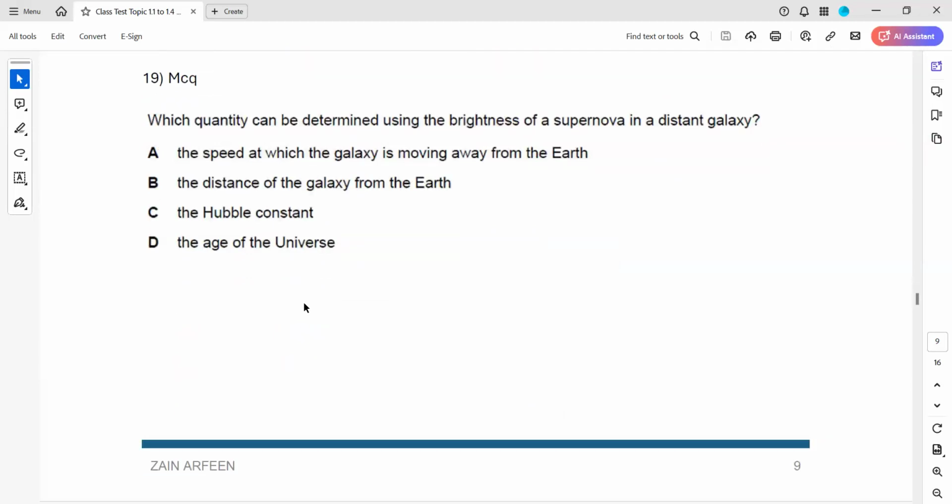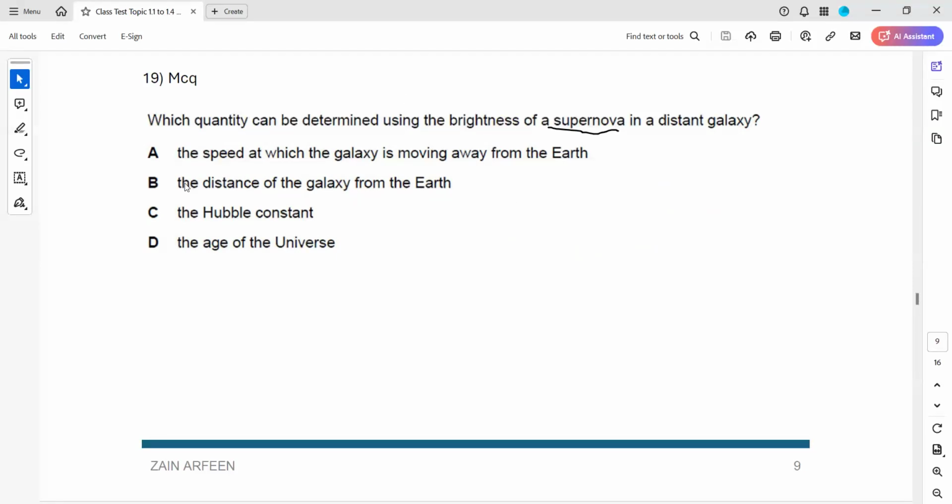Question 19, which quantity can be determined using the brightness of a supernova? A supernova is an explosion which occurs when a high mass star, like a supergiant, explodes due to heavy element fusion, and it gives out an enormous amount of light, which can be used to detect the distance of those galaxies or stars from us.